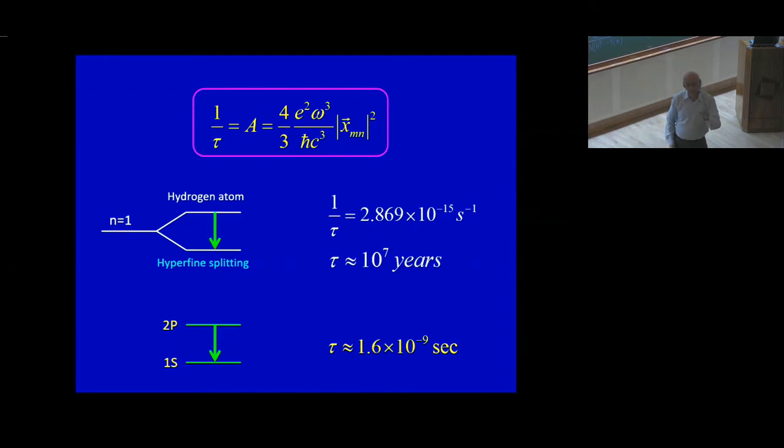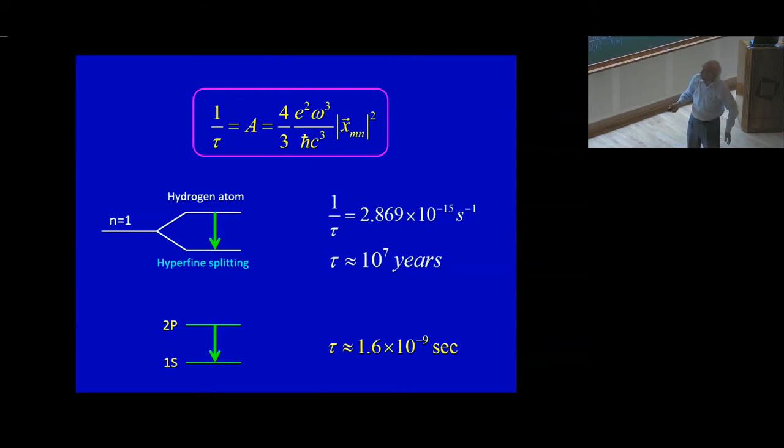Now let us look at the ground state of the hydrogen atom. Please remember the ground state of the hydrogen atom consists of an electron, and the nucleus consists of a proton. The electron spin can be like this and the proton spin can be like this, or the electron spin can be like this and the proton spin can be like this. These two will have different energies.